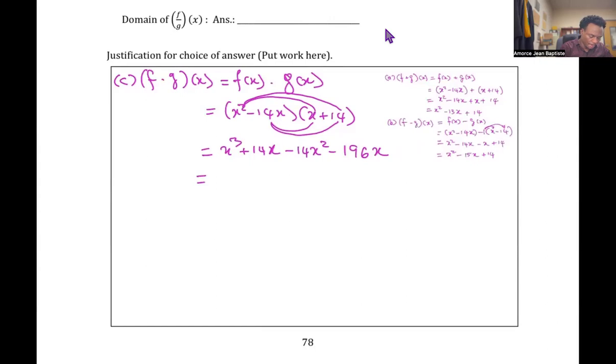Let me go through it again to make sure. That's x squared times x, that's x cubed. X squared times 14, that's 14x squared.